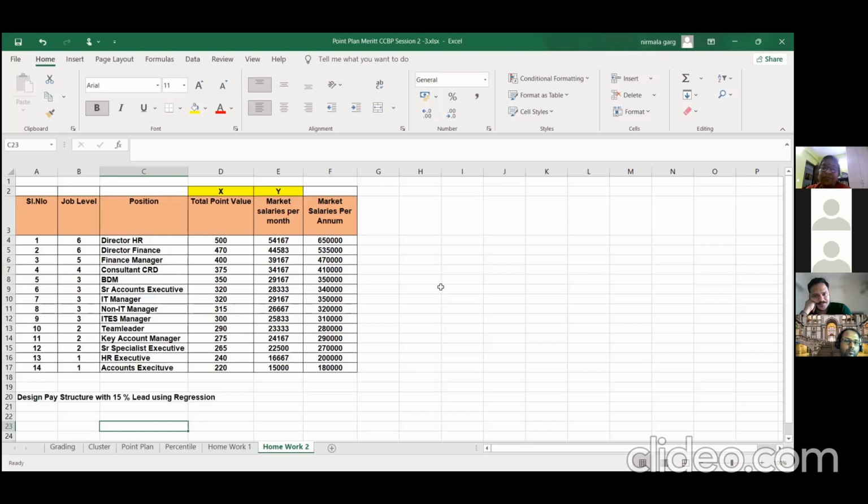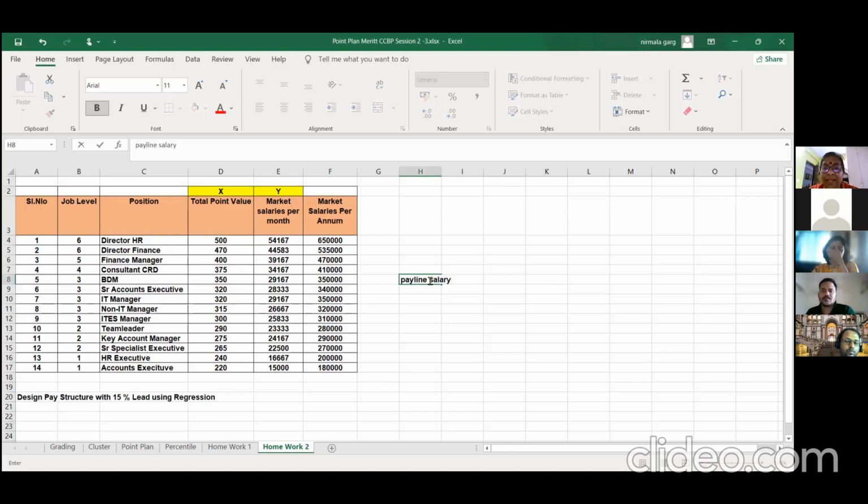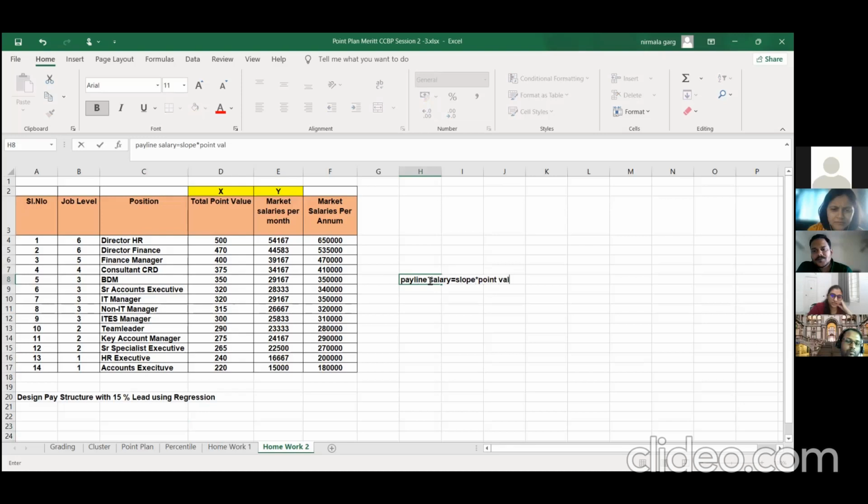What I said, I can put it here. Pay line salary is equal to slope multiplied by job point value plus intercept.